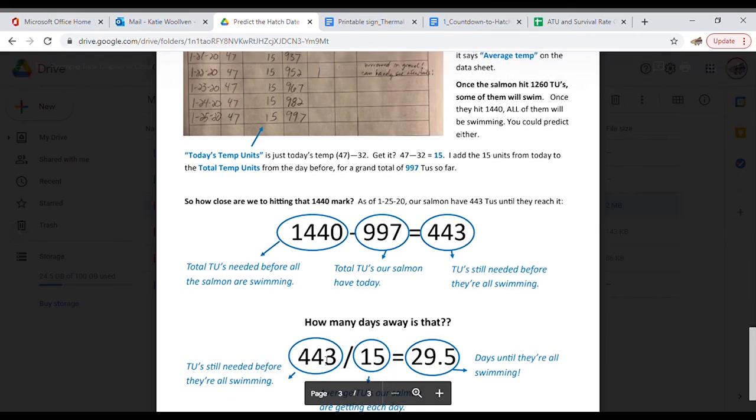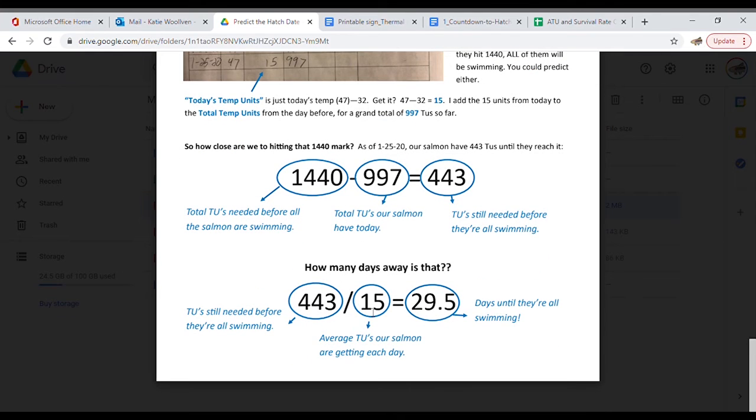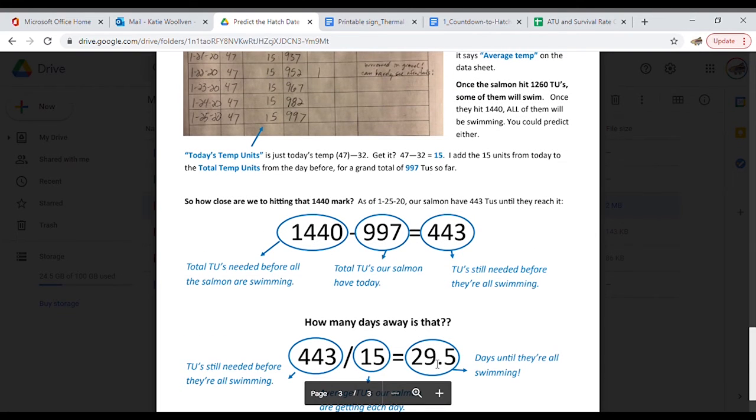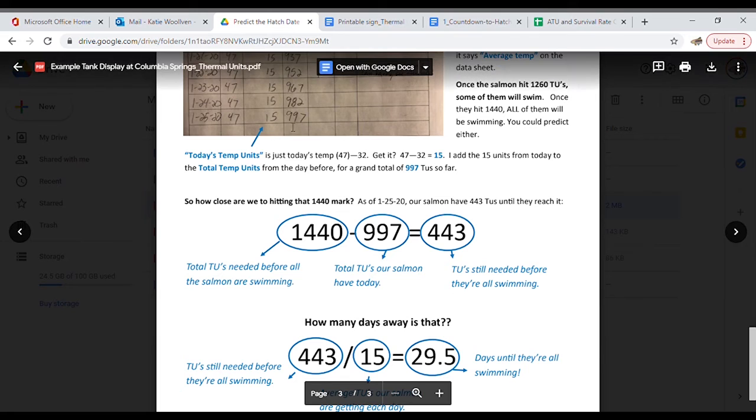So that's why I said, okay, each day I'm going to be adding 15 temperature units. So 443 divided by 15, that should give me the number of days until they're all swimming. And let's take a look. So just out of curiosity, I was predicting that it was 29 and a half days away from January 25th that all of my fish would be swimming around.